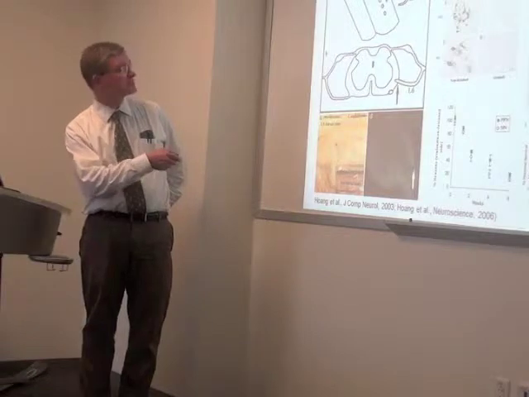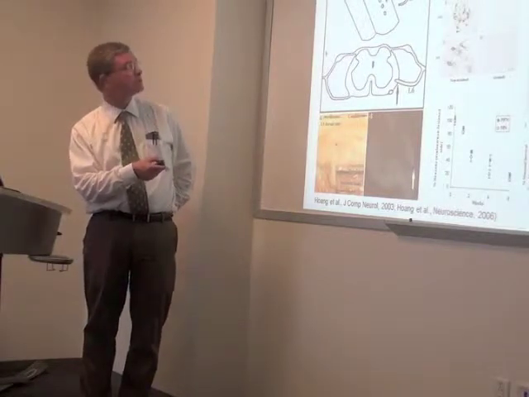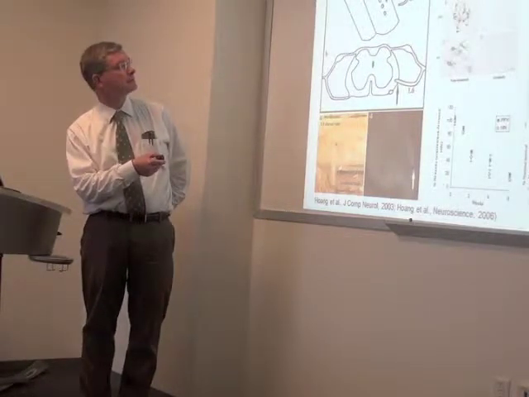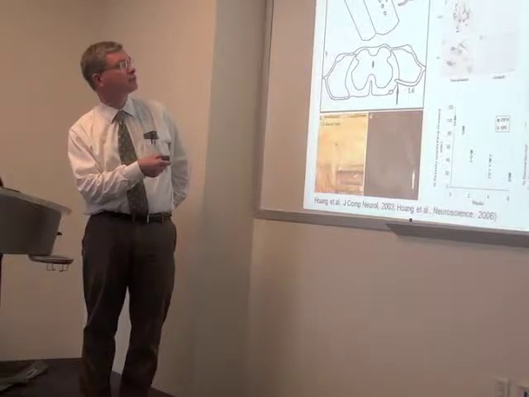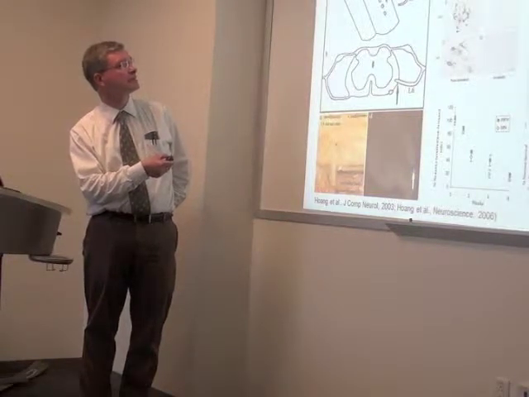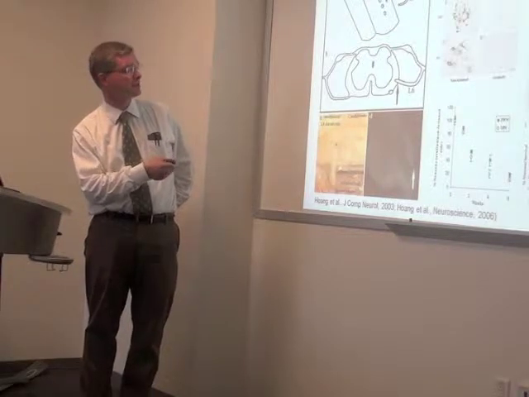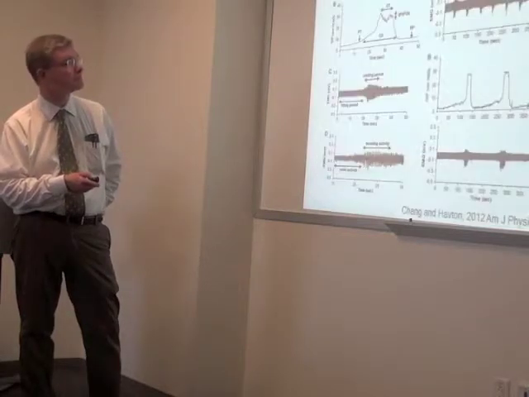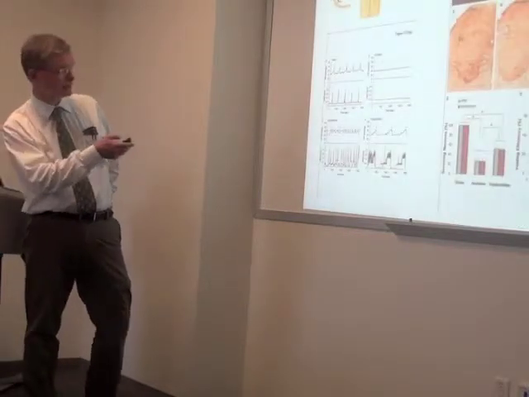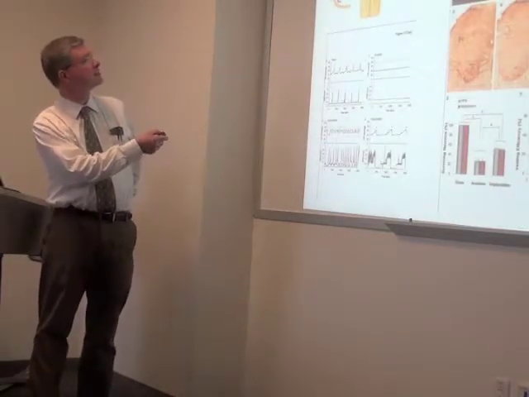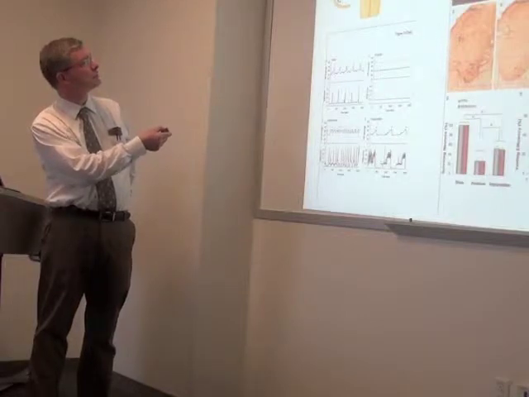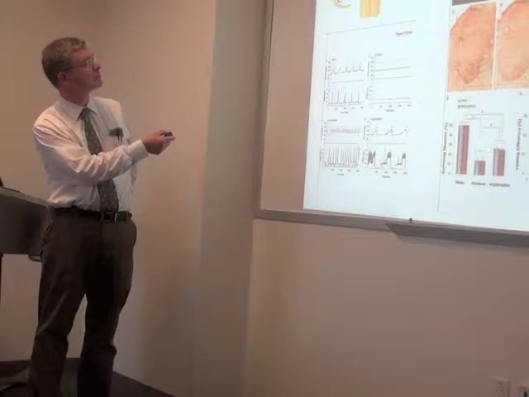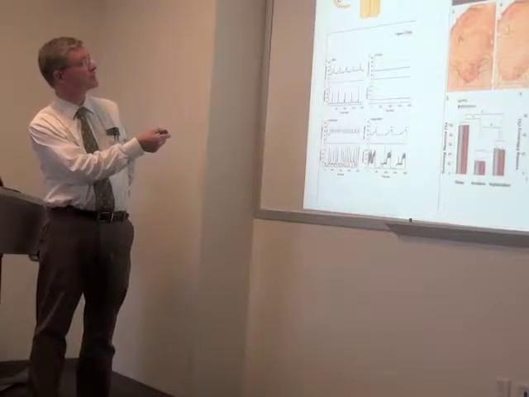So what we did in this model was to surgically, what we call replant nerve roots into the spinal cord to try to reconnect the peripheral parts with the spinal cord.